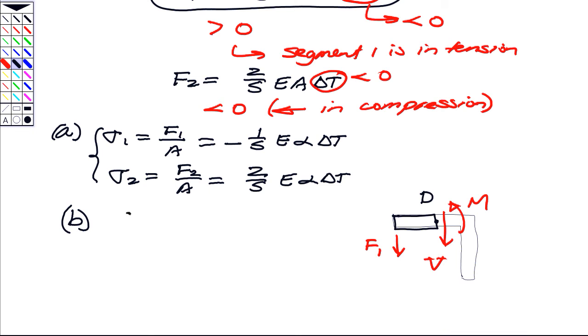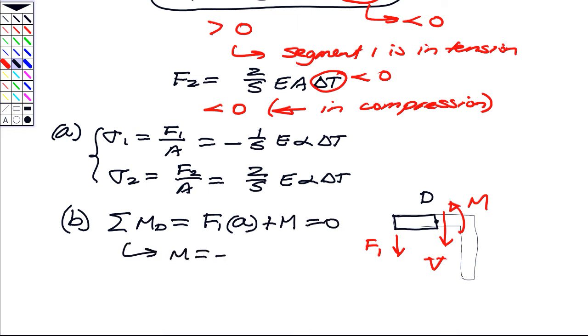So if I do a summation of moments of that segment about the end D, I get F1 times moment arm of A. The bending moment M, that's a 0, so the bending moment at D is going to be equal to minus F1A.